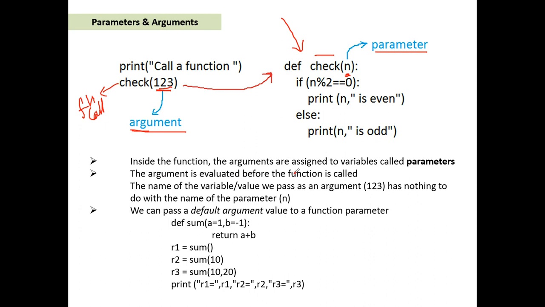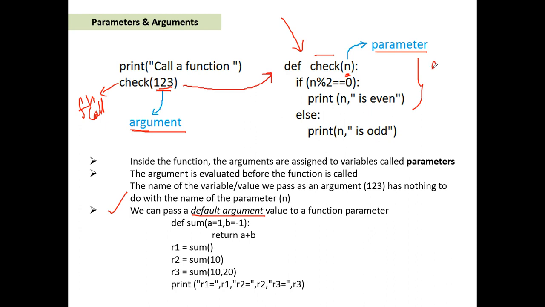Inside a function the argument is assigned. Now we are going to explore this point, default argument. What is a default argument? When I'm writing this function, how do you have to call it?